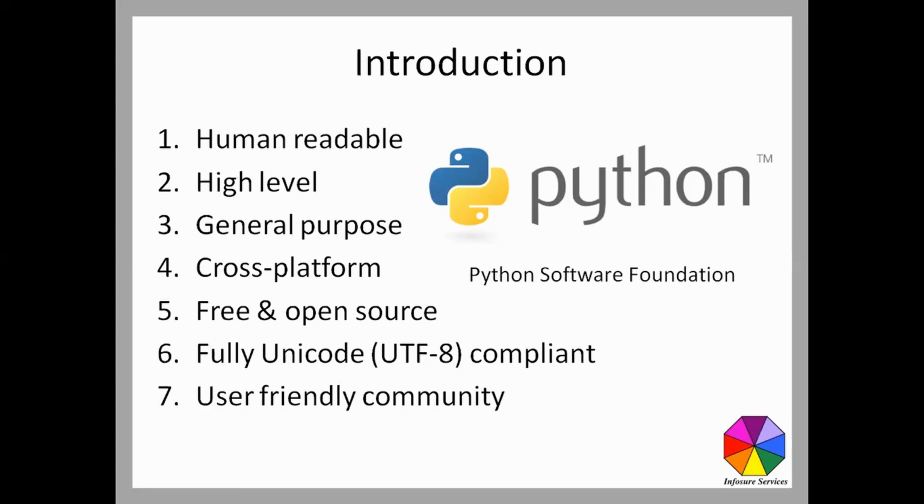The language itself is maintained by a group of developers, here called the Python Software Foundation. That means a bunch of people have come together with an open mind to form this foundation. They are maintaining the versions of this language.